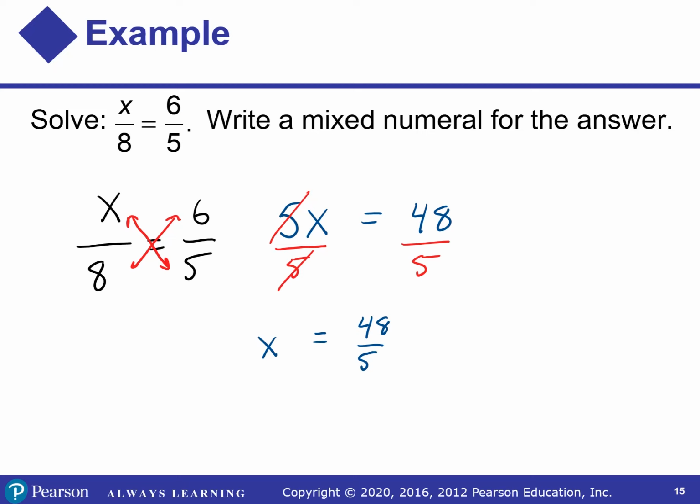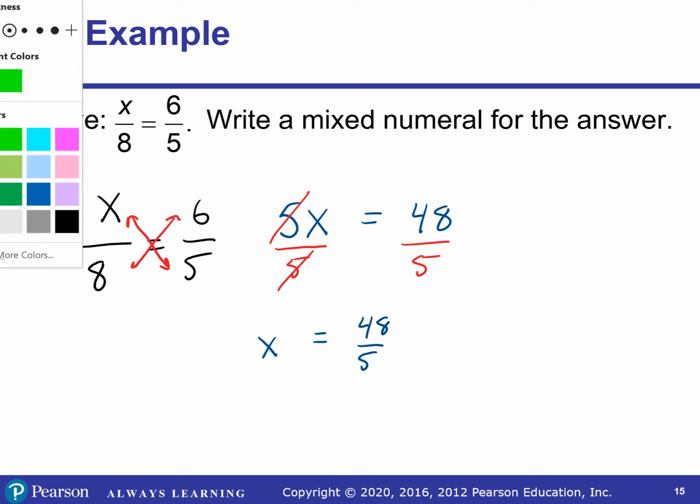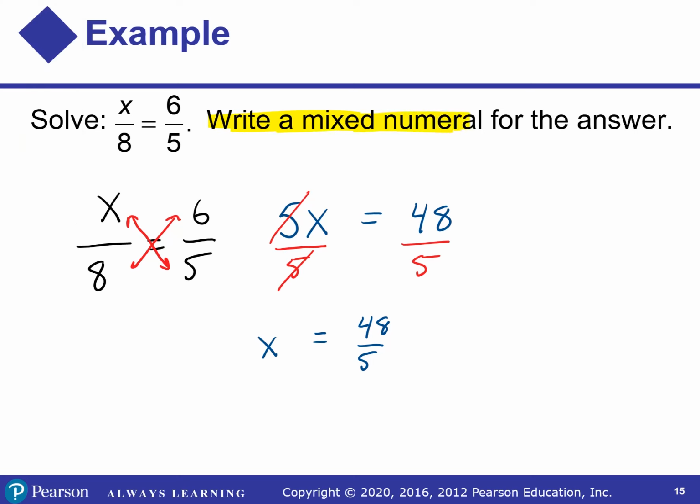So we've solved for x. In this case, the directions then state write a mixed number. So 48 over 5, that is 9 and 3 over 5. Remember, to convert a fraction to a mixed number, we divide using long division because the calculators don't generally work with mixed numbers.